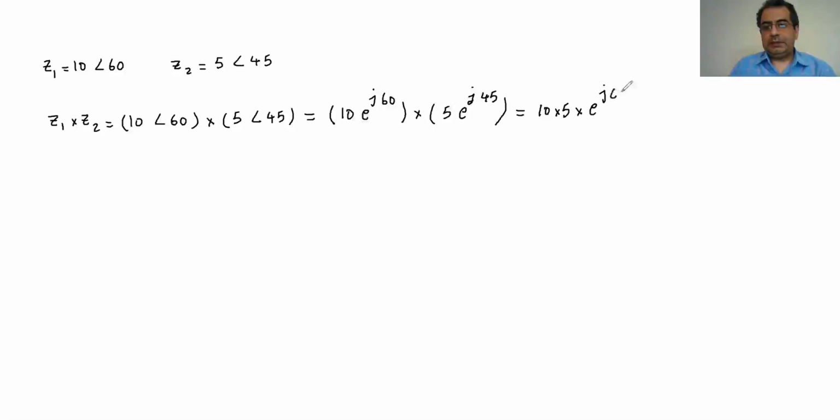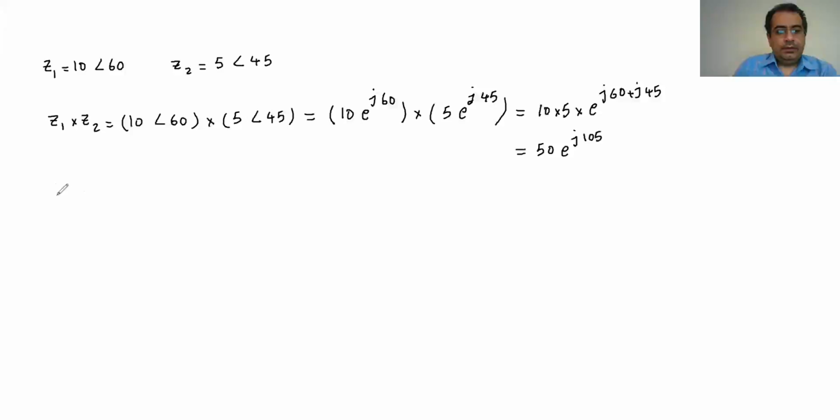It's going to be j60 plus j45. So you will see that it becomes 50 e to the power of j105. See, it's much easier to do the multiplication in the polar format.